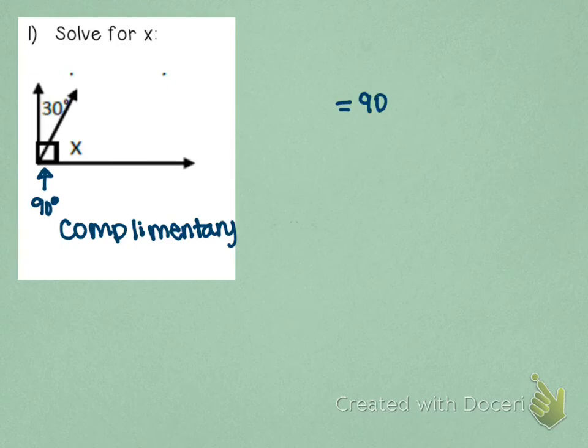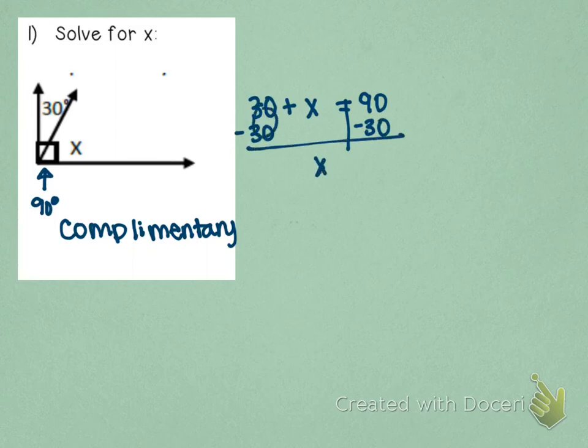Sum means addition. So I take this 30 degrees, and remember, and is a plus sign, this x, and I know that those are 90 degrees. So then I solve my equation. This is a positive 30, so I'm going to subtract 30 from both sides. And I get that x equals 60 degrees.